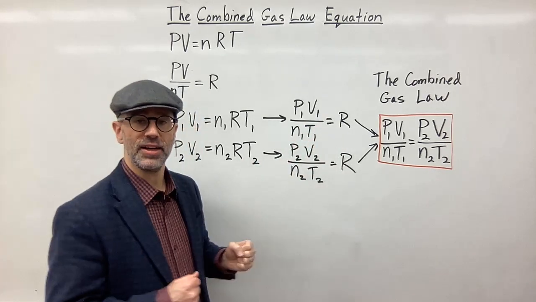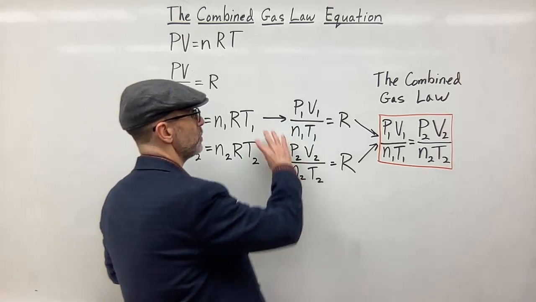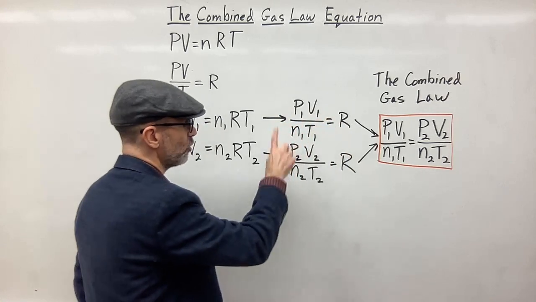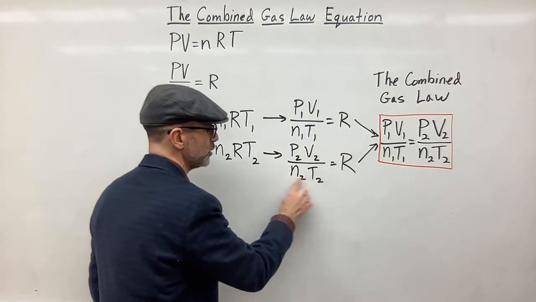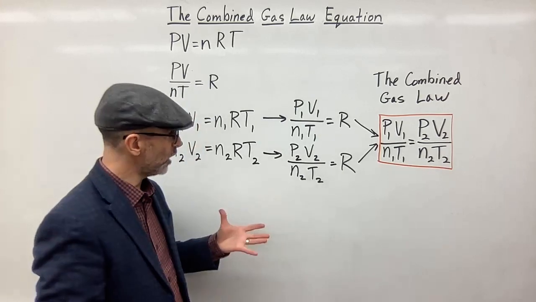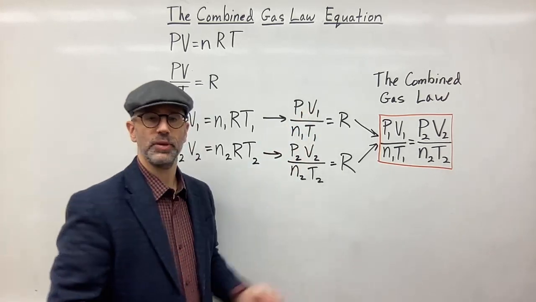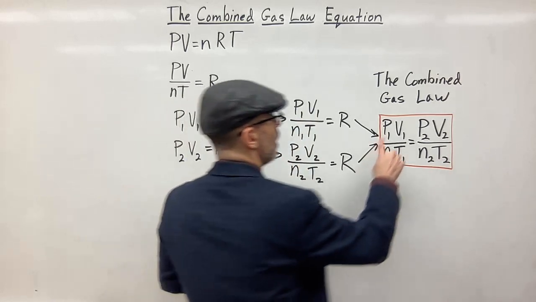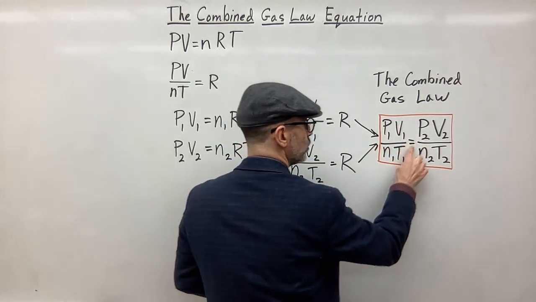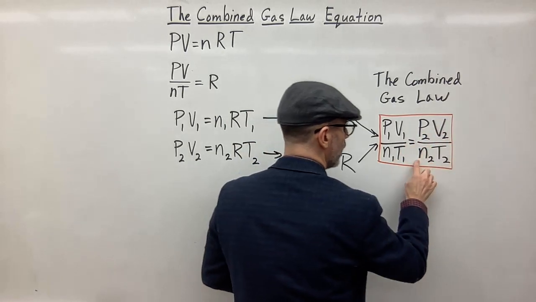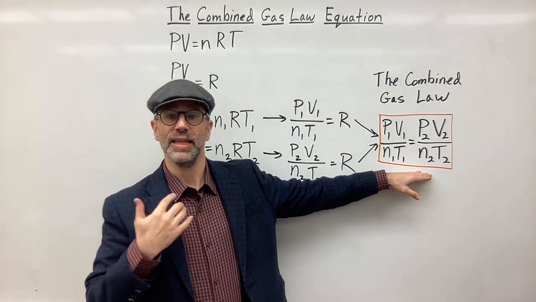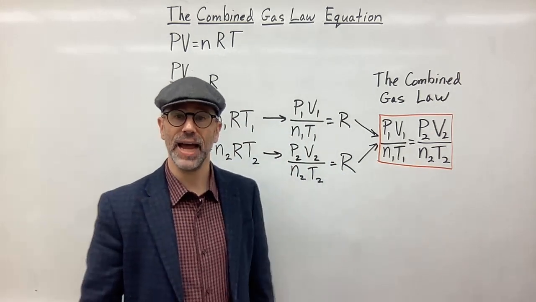This is great because if I know that P1V1 over N1T1 is equal to R, and I know that P2V2 over N2T2 is also equal to R, then by logic, these two must be equal to each other. So P1V1 over N1T1 is equal to P2V2 over N2T2. And this, ladies and gentlemen, is the equation for the combined gas law.